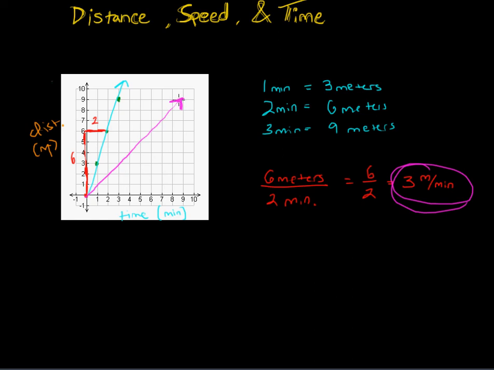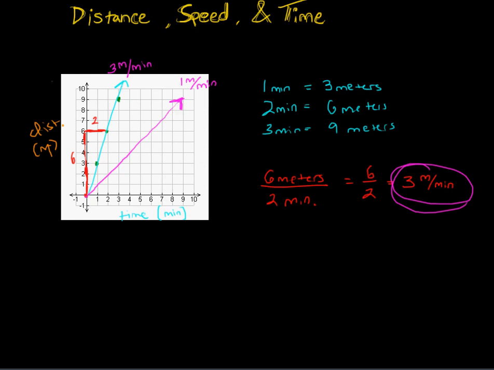It's not as steep as the blue line that I drew. That means the blue line, where I was moving 3 meters per minute, is steeper than this line, where I was moving 1 meter per minute. Well, because it's steeper, it shows that I was moving faster. That's my speed. So that's why slope is important.